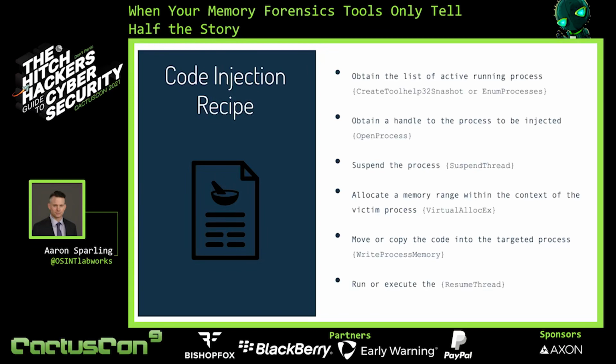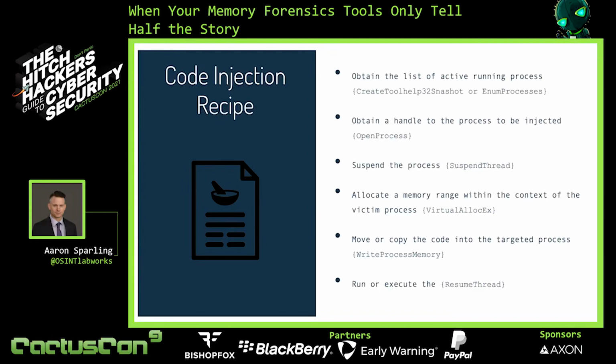So the first thing the malicious code needs to do is obtain a list of the active running processes on the system. It wants to see what's running so it can figure out what it wants to pick on or inject itself into. And in this case, we're just going to pick on notepad.exe for this example as we walk through the recipe. So we've isolated notepad.exe.